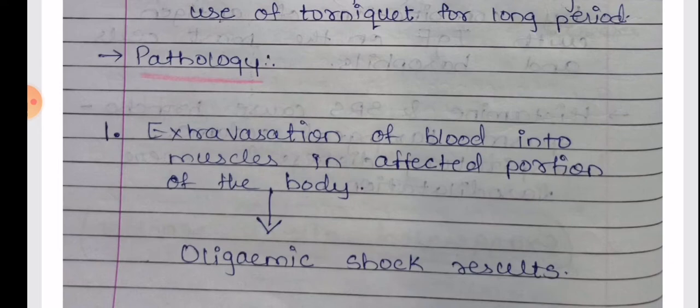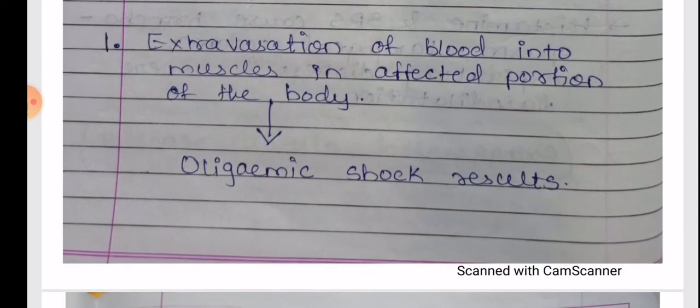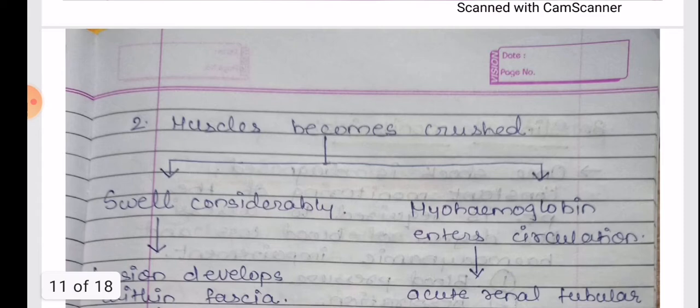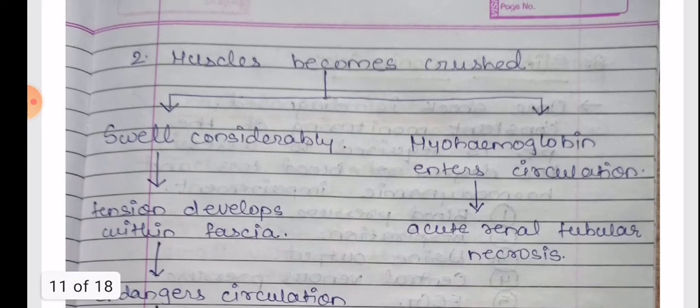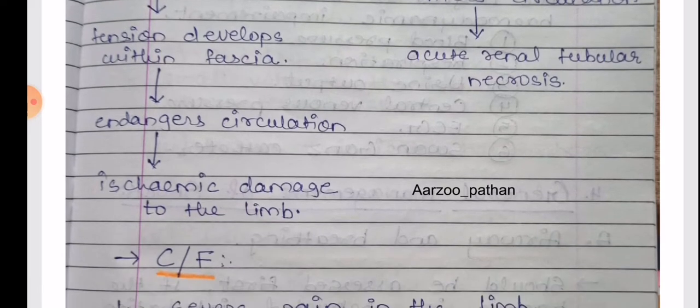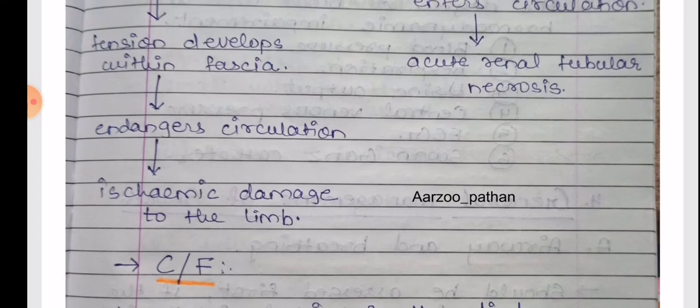Pathology: extravasation of blood into muscles in the affected portion of the body. Oligemic shock results. The muscles become crushed. There are two possibilities. First, there is considerable swelling which leads to development of tension within the fascia, endangers circulation, and lastly results in ischemic damage to the limb.